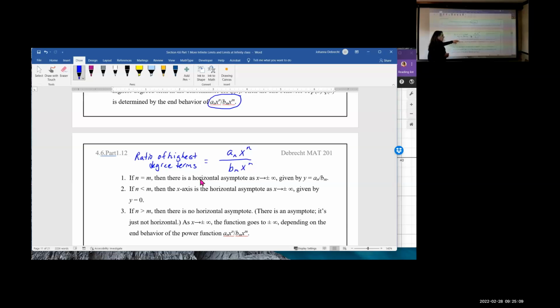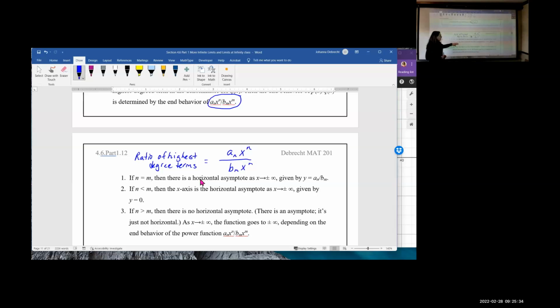If n and m are equal to each other, then we have a horizontal asymptote, because the variable parts will cancel out and we get the ratio of a sub n divided by b sub m, and that becomes our horizontal asymptote. So the horizontal asymptote is a sub n divided by b sub m.